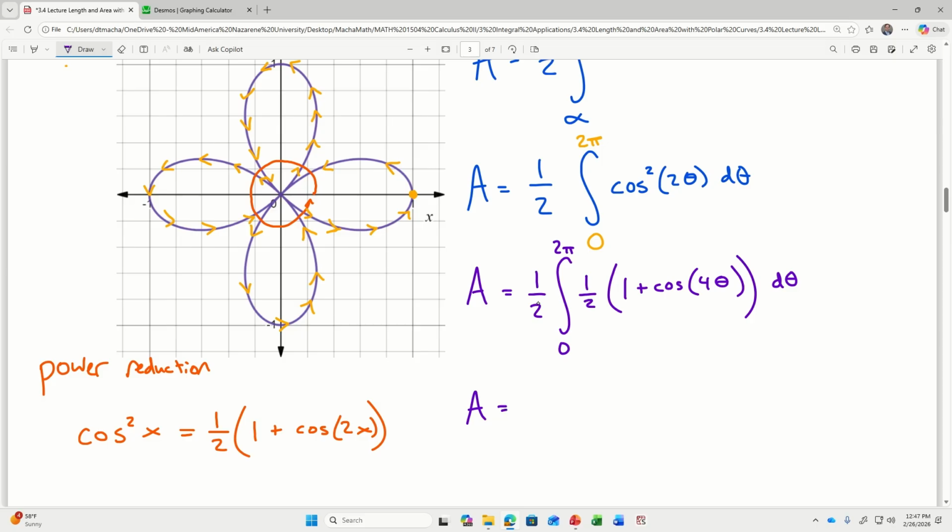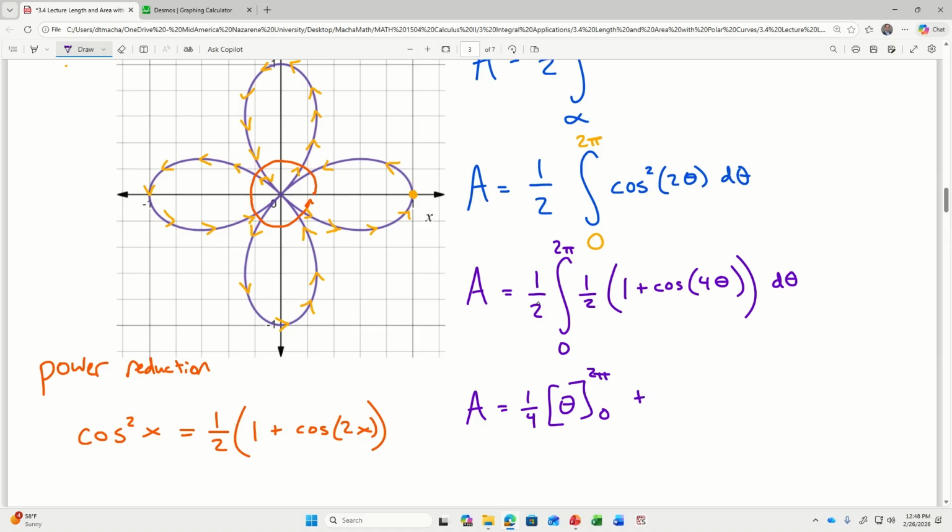And so we bring out the 1/2 and I get a quarter. And I can separate this integral where the plus sign is, because of the whole integral additivity stuff, which means the antiderivative of 1 is just theta, where we plug in the upper bound 2 pi and 0.